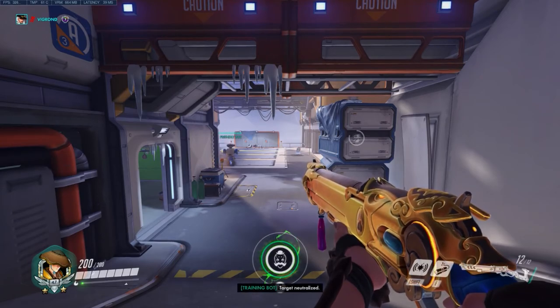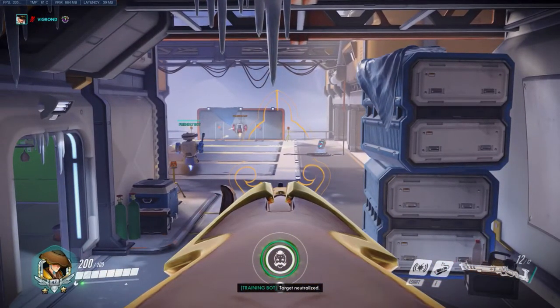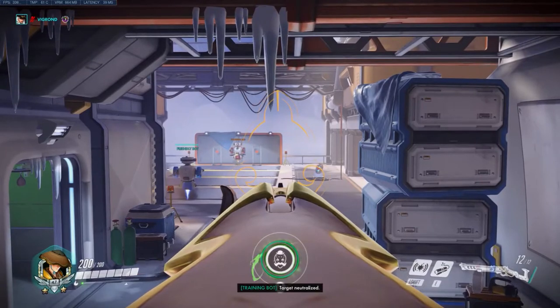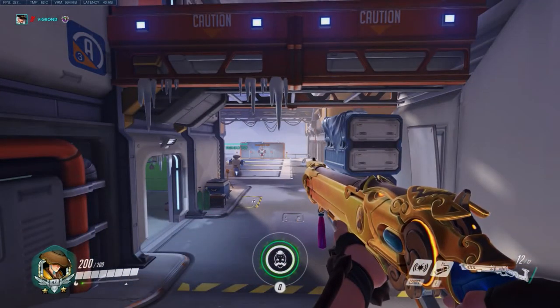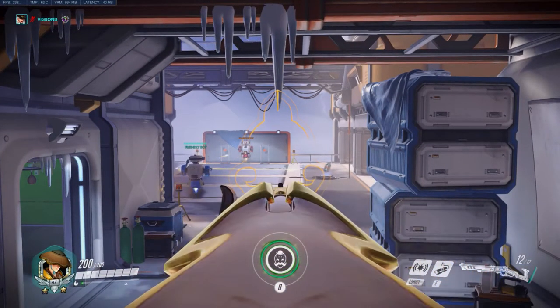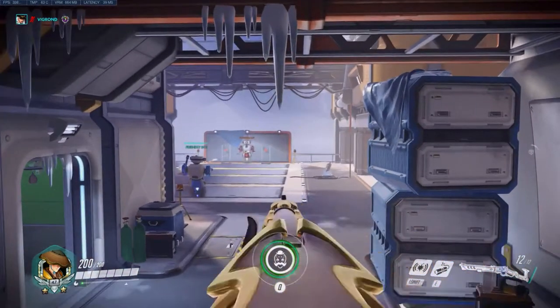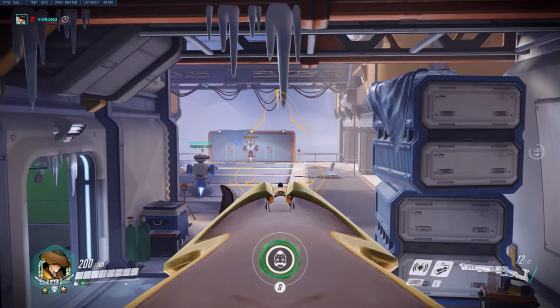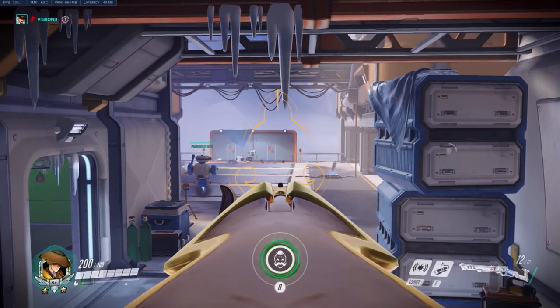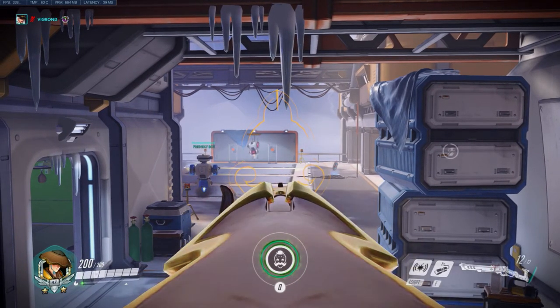Target neutralized. Now we can see we're edging out a little bit more FPS, anywhere from 10 to 20 frames per second more. When we zoomed in, we get pretty close to what it was, to 348 frames per second.